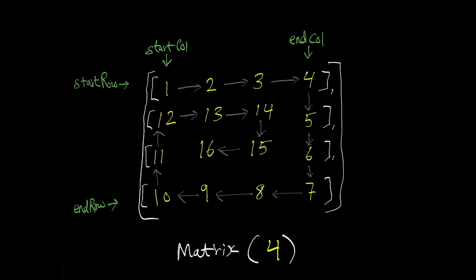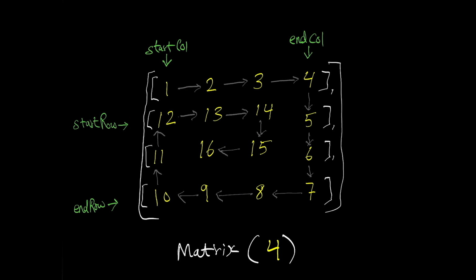So our first loop would go from start column to end column, and this would take care of the top row, right? And once we do this, we would increment the start row by 1, so it will move down here.